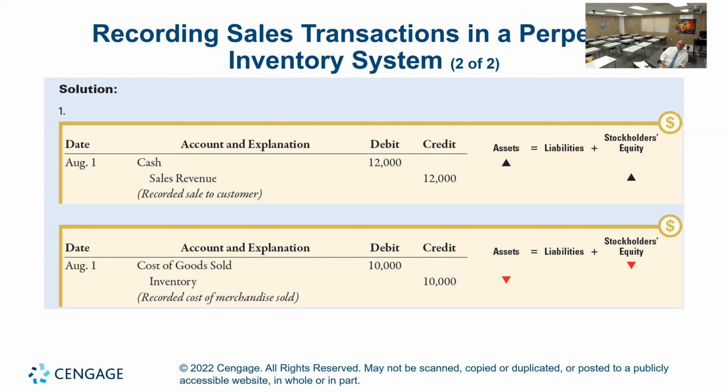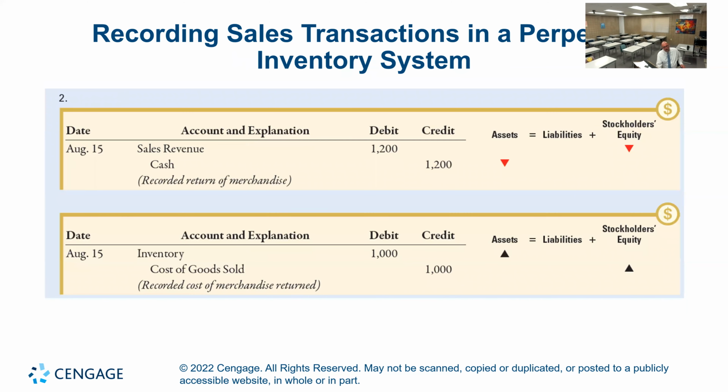So real quick, what is our gross profit here on this sale? Our revenue minus our cost of goods sold. So we made a gross profit of $2,000 on this sale. But they decided to return some. So when we had those 10 shoes come back, we sold them at $120 a pair, so we need to lower our revenue by 120 times 10, or $1,200.